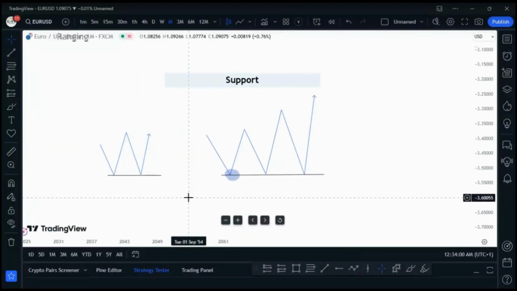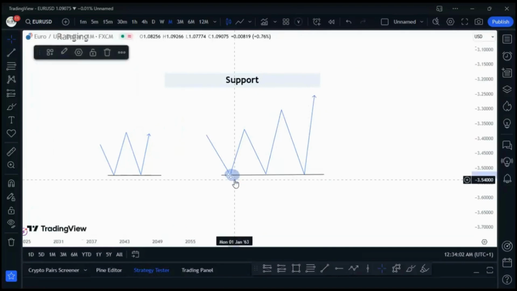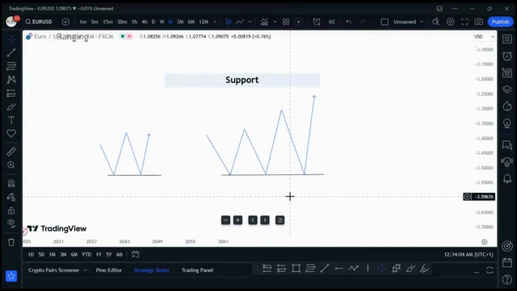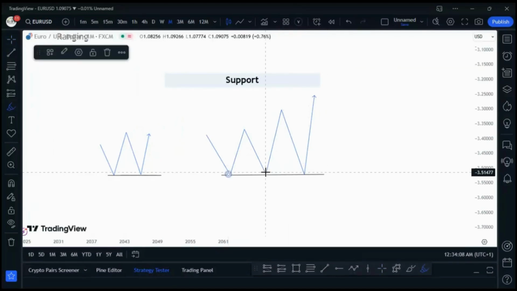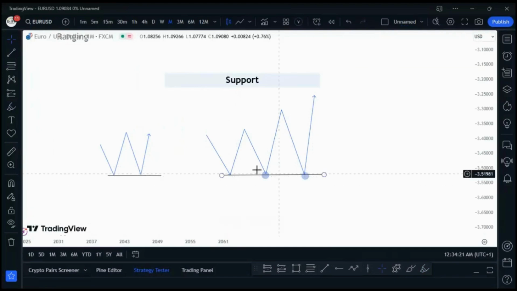So we actually know that the support is valid when the market bounces off a particular zone twice. Once it bounces up there the first time, the second time, then you know that that particular zone is a valid support level, and once the market comes back to this level again, you should be buying at support.